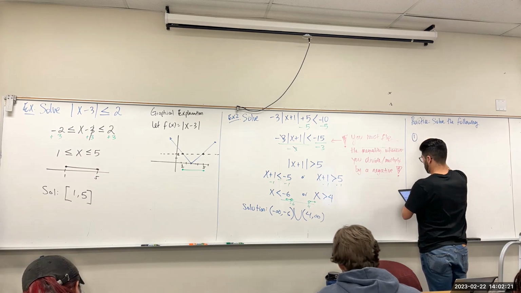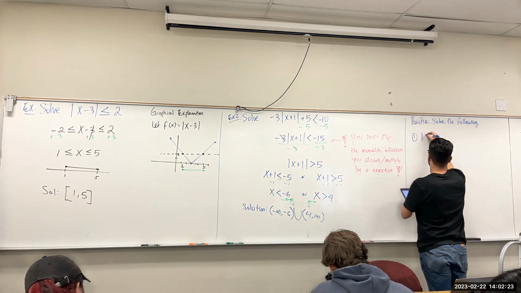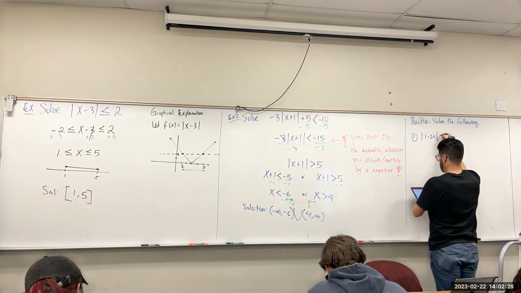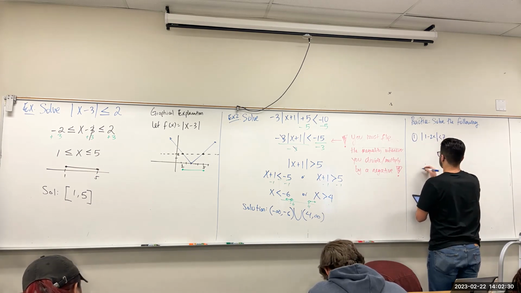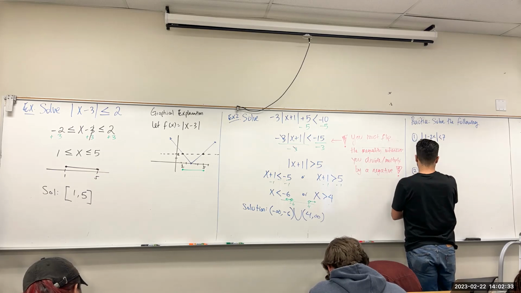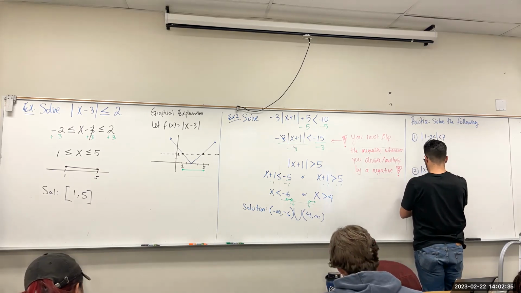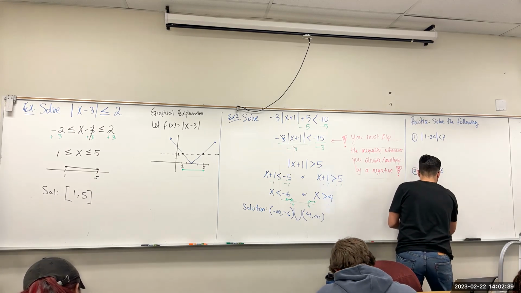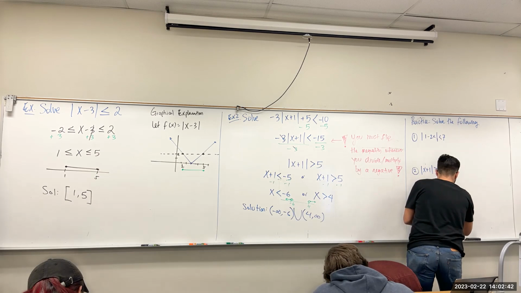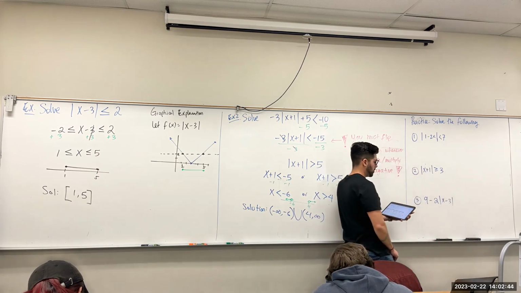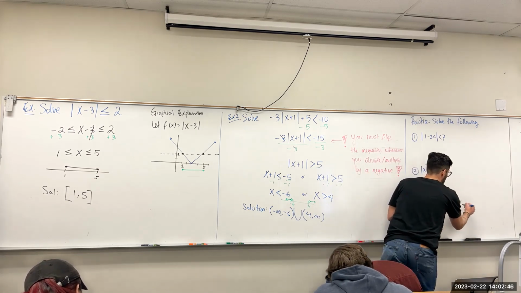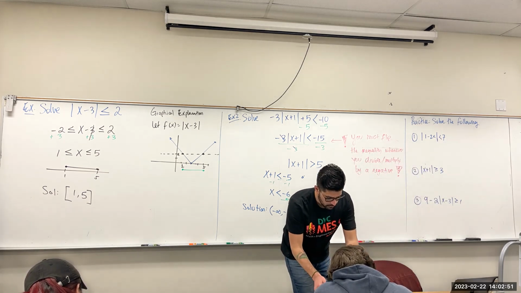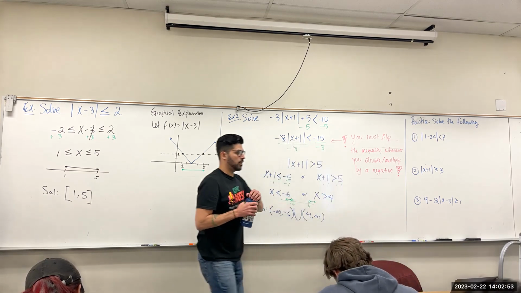Number 1 is the absolute value of 1 minus 2x is less than 7. Number 2 is the absolute value of x plus 1 greater than or equal to 3. And the third one is 9 minus 2 times the absolute value of x minus 3 is greater than or equal to 1. You guys try those with your group.